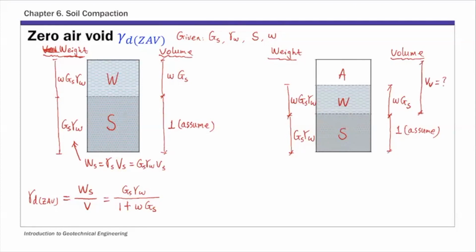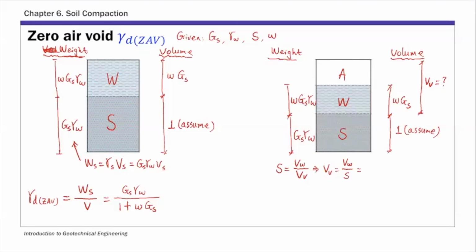One thing we haven't used is the definition of degree of saturation: volume of water over volume of void. So for this V_V, it is e_w over S, so you get an expression for V_V as well.